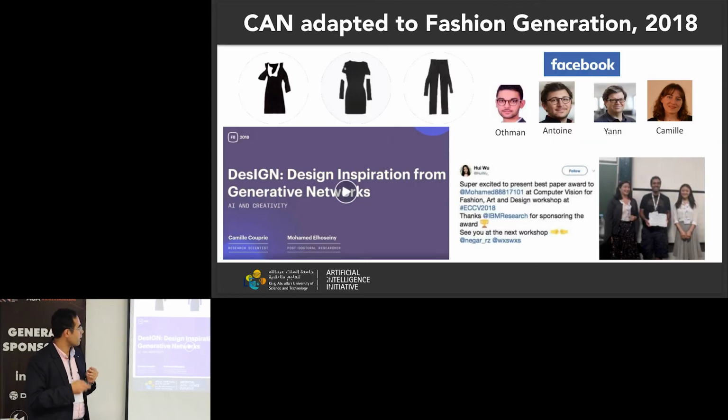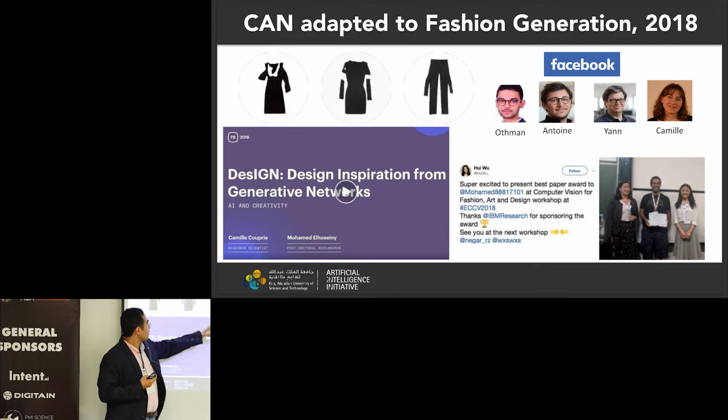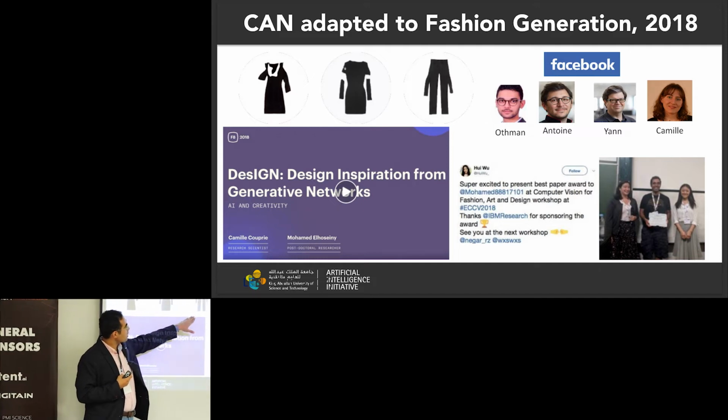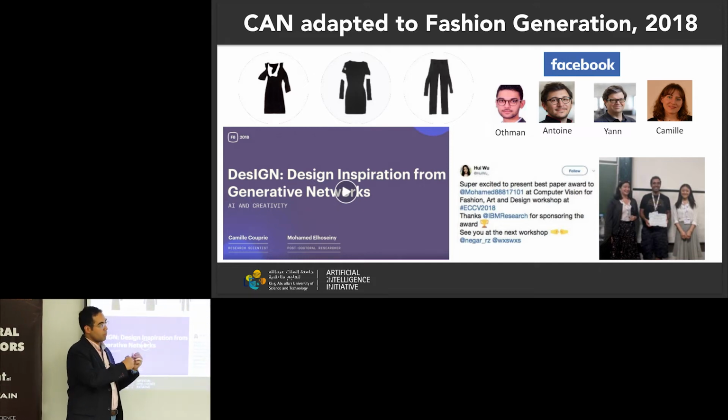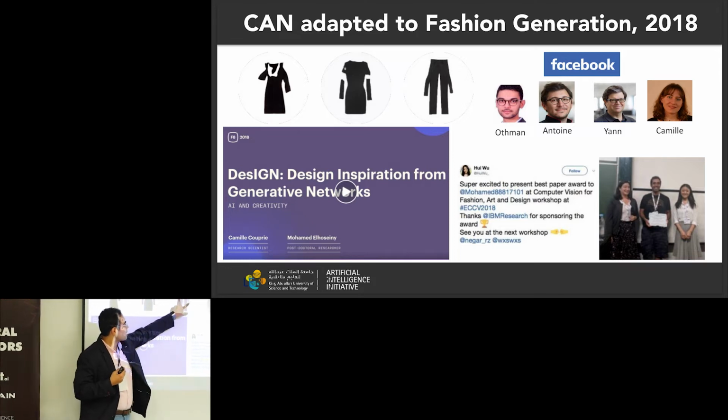So the next year, we developed a similar version, but for fashion, to show that this technology can also impact our everyday life. In this case, I would say it's not mature enough to build models and then ship and work in the factory. But it demonstrates that these models are capable of producing, let's say, pants with extended arm sleeves.